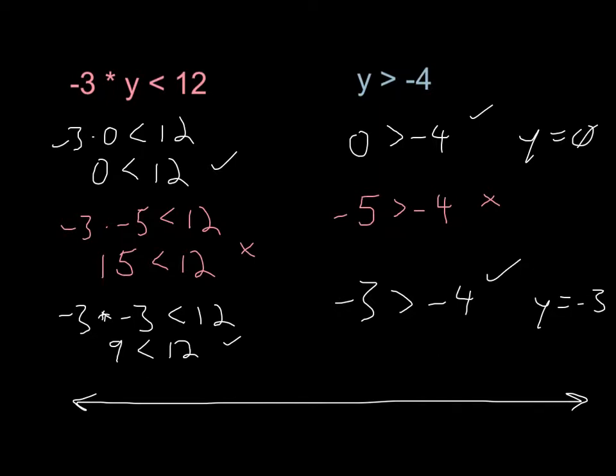Once the variable's by itself, we're going to use our new inequality for the number line.